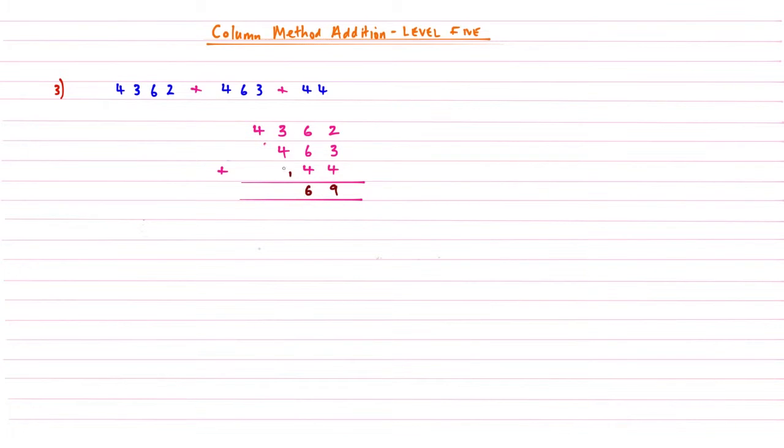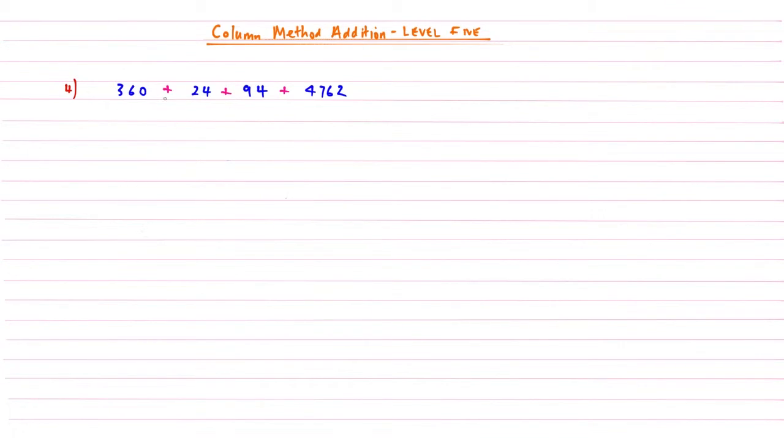Move on to the hundreds column. We have 3 plus 4, which is 7. Add a nothing, because there's nothing there. Still 7. And then add that 1, it gives me an answer of 8. And then moving on to the thousands column, there's nothing else there. It's just a 4. No thousands in the other numbers. So then that just gives me an answer of 4,869.